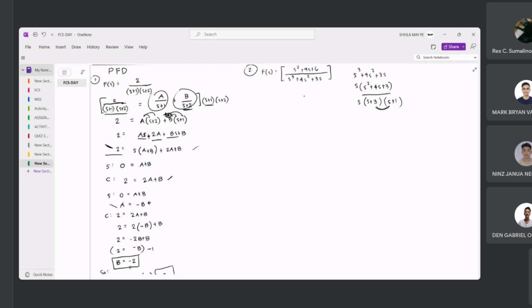Now, since we have broken down our denominator, therefore, we have three variables we need to solve, right? So that would be, let's write it here.